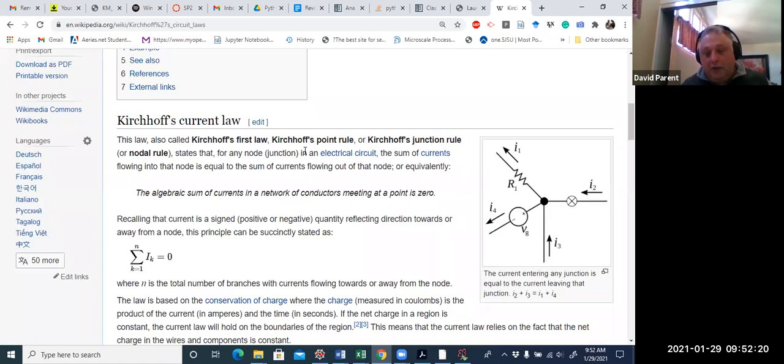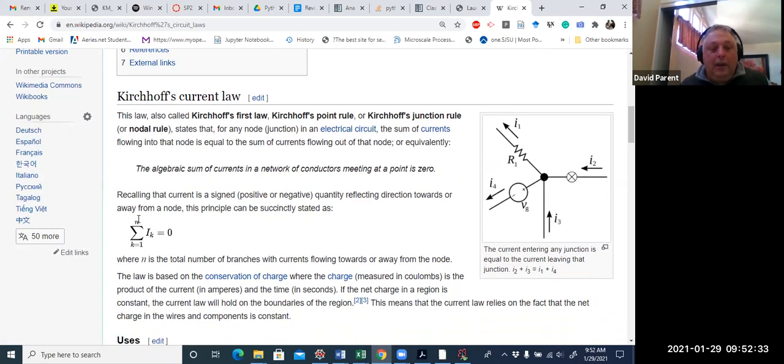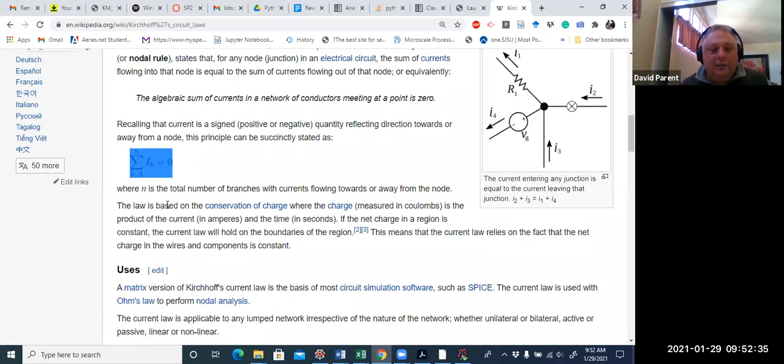So it's part of Kirchhoff's current law, and the rule is that the sum of the currents entering and leaving the node is equal to 0. And mathematically, that's what it says right there.